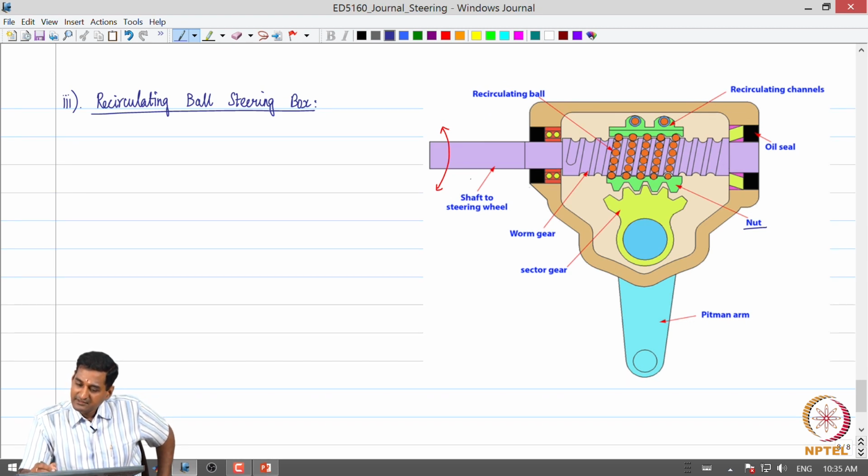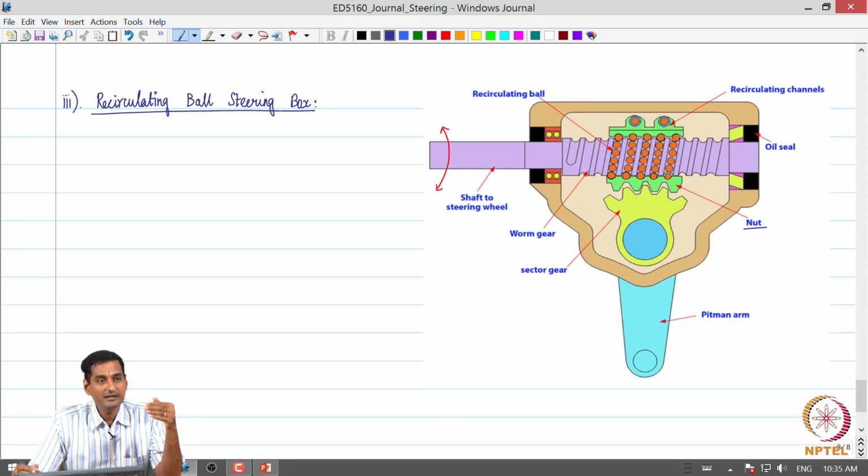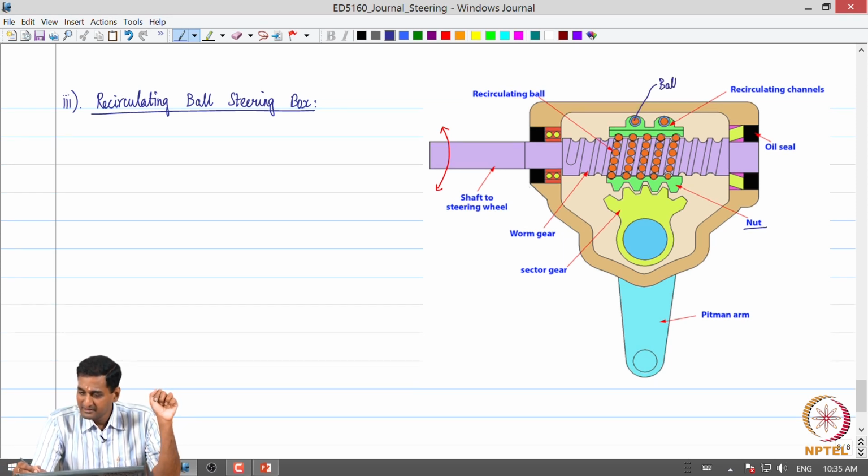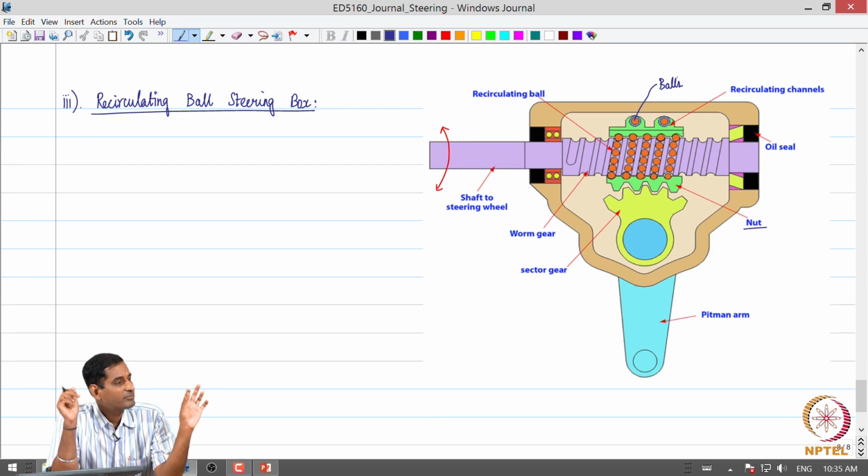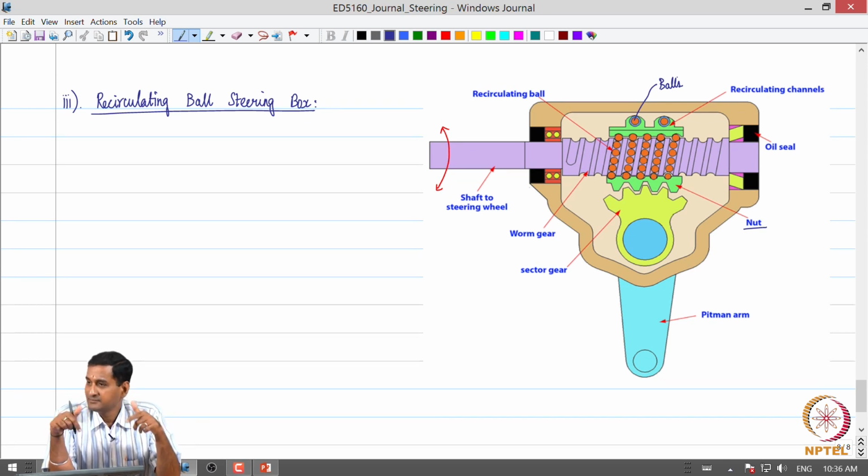So, when the worm gear is rotated, this nut traverses on the worm gear, and if you cut open the nut and the worm gear, you will see that there are these small recirculating balls, okay, which essentially provide the contact between the nut and the worm gear threads. The consequence of having these recirculating balls is that the friction is reduced in the mechanism.